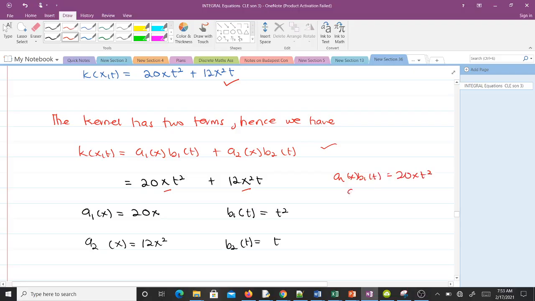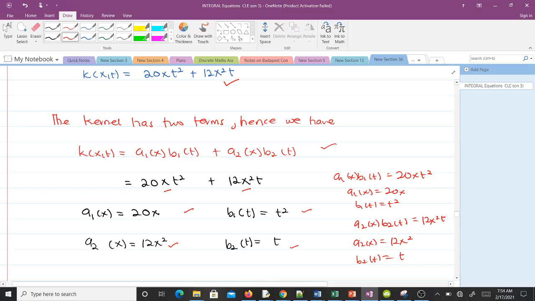That means a1 of x equals 20x and b1 of t equals t squared. For a2 of x, b2 of t equals 12x squared t, we can say a2 of x is 12x squared and b2 of t is t. So that's also this.